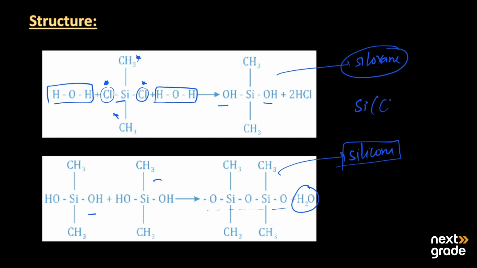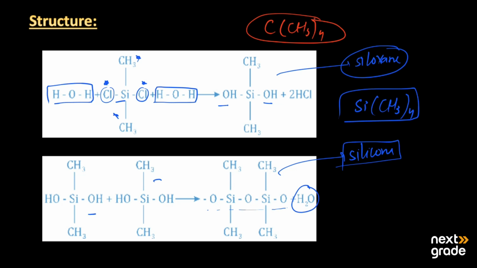The structure we gain has the molecular formula Si(CH3)4. It is just like carbon, which has four methyl groups, C(CH3)4. Carbon is tetravalent in nature. Likewise, silicon is also tetravalent in nature.